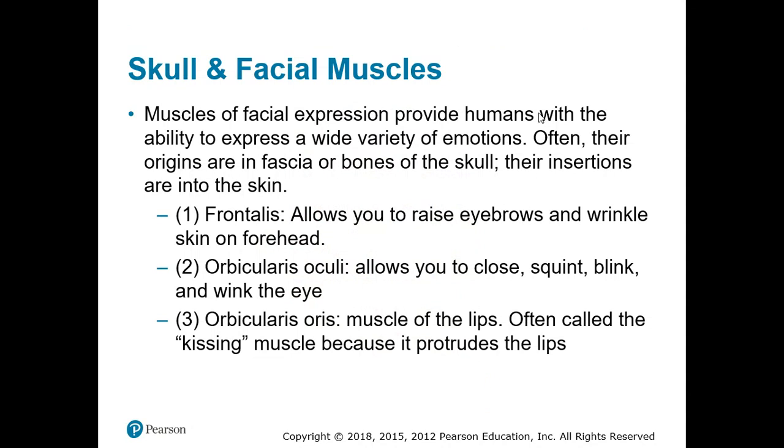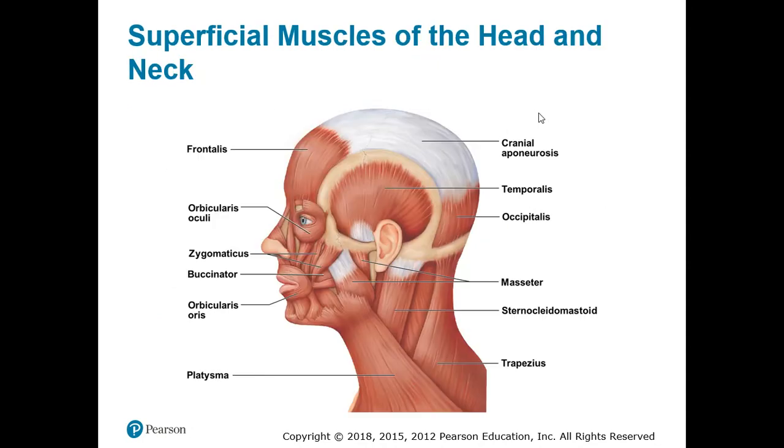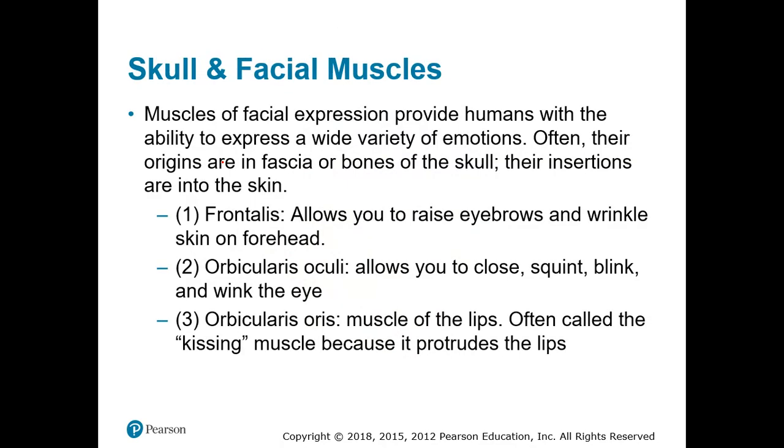Your frontalis muscle is named because it covers your frontal bone. This is in the front of your forehead, and it allows you to raise your eyebrows and wrinkle your forehead. So if we look back at this picture, your frontalis is right here, forehead or front. The orbicularis oculi, if you think of oculi, this surrounds your eye.